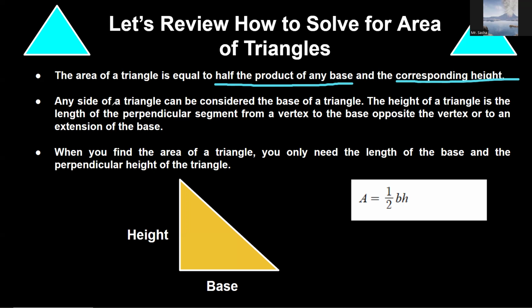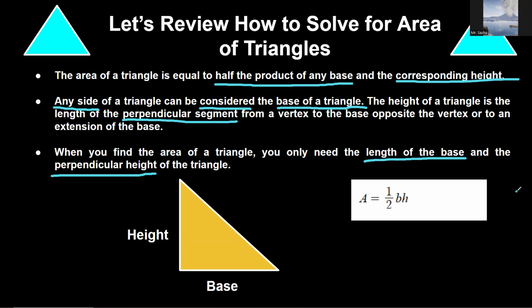And remember, any side of a triangle can be considered the base of a triangle. The height of a triangle is the length of the perpendicular segment from a vertex to the base opposite the vertex, or an extension of the base. And when you find the area of a triangle, you only need the length of the base and the perpendicular height of the triangle.